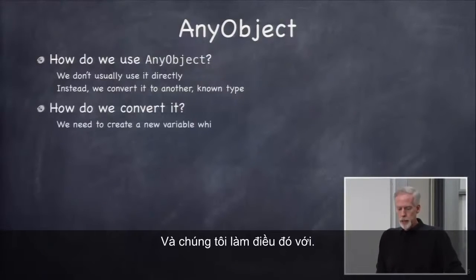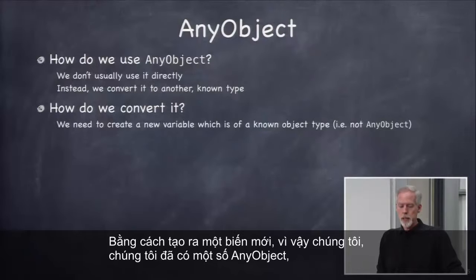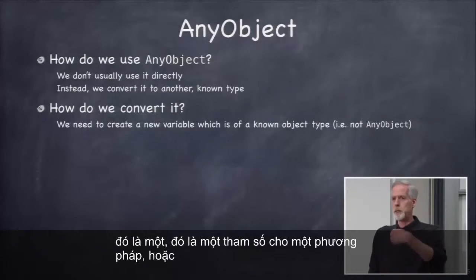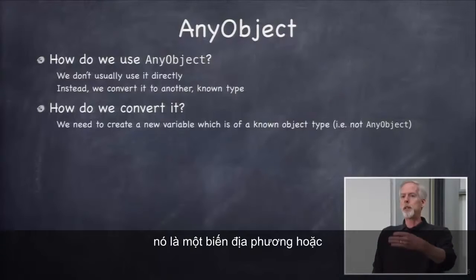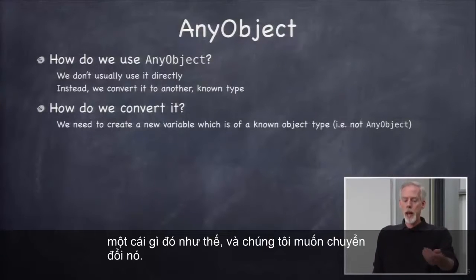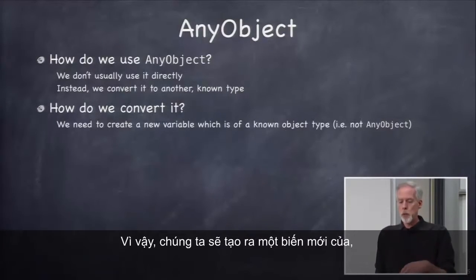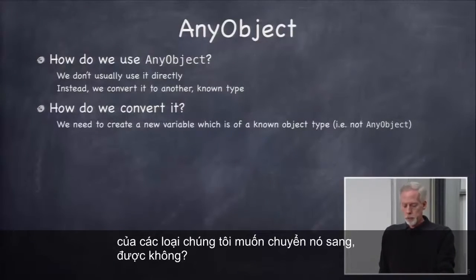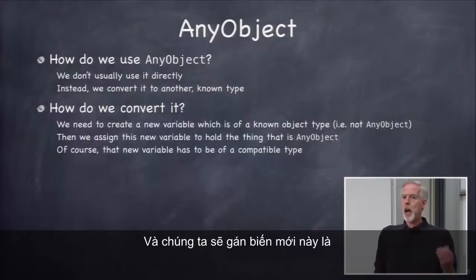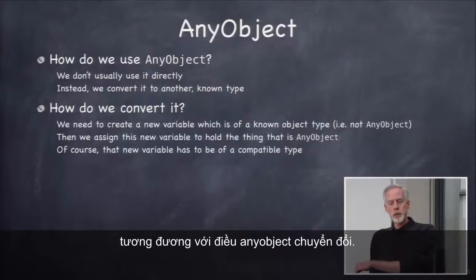And we do that by creating a new variable. So we've got some any object. It was an argument to a method, or it's a local variable, or something like that, and we want to convert it. So we're going to create a new variable of the type we want to convert it to. Okay, and we're going to assign this new variable to be equal to that any object thing converted.